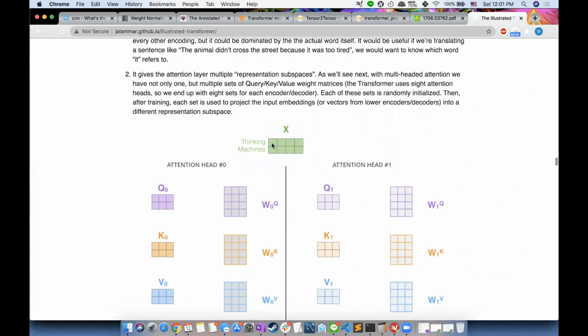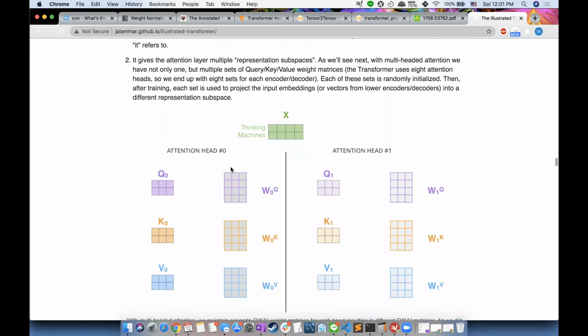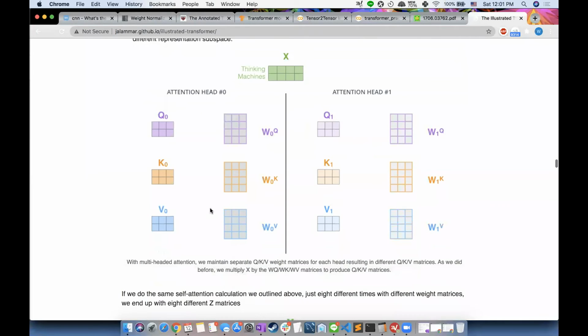And instead of having a matrix with 512 columns, we're going to have 512 divided by 8, and that's 64. So now we have 64 columns, and again 64 columns, and 64 columns, right?